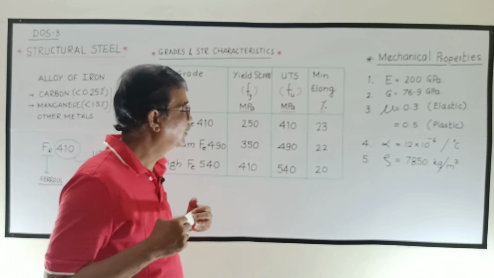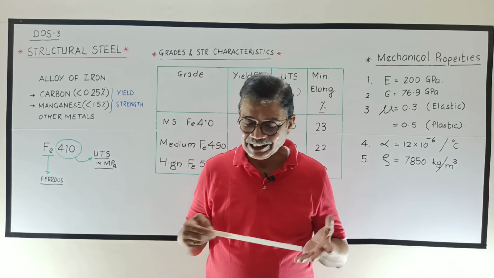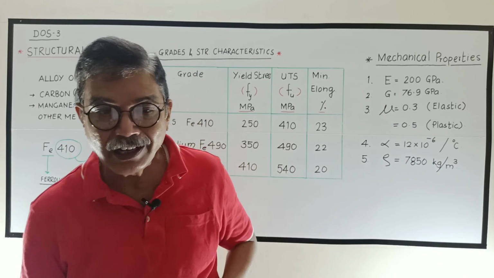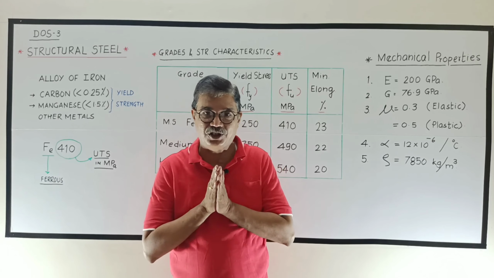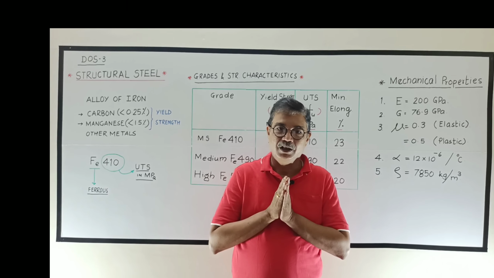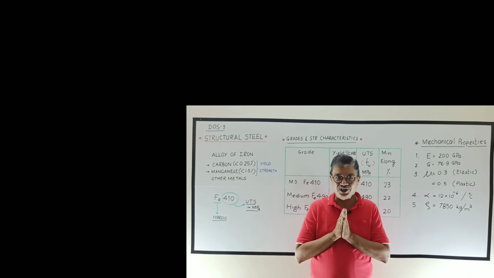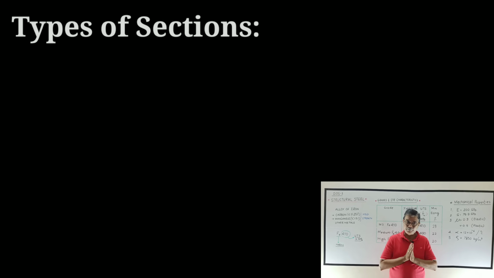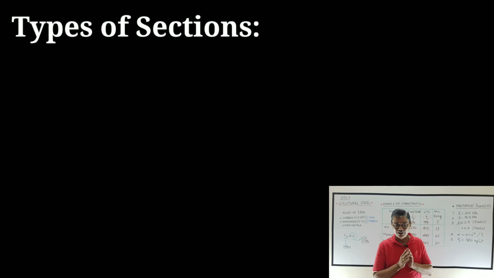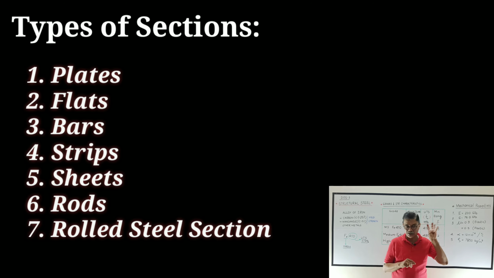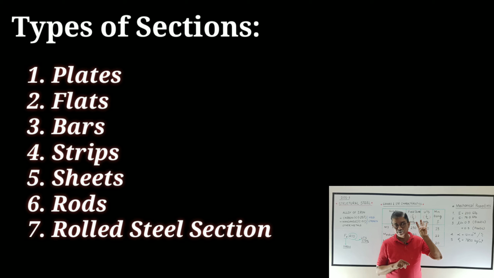Now, after this, let us see what are the different types of sections. Structural steel sections are there. Look here. First one is plates. So when we call it as a plate, when its width is greater than 900 mm. Flats, when the width is less than 400 mm.